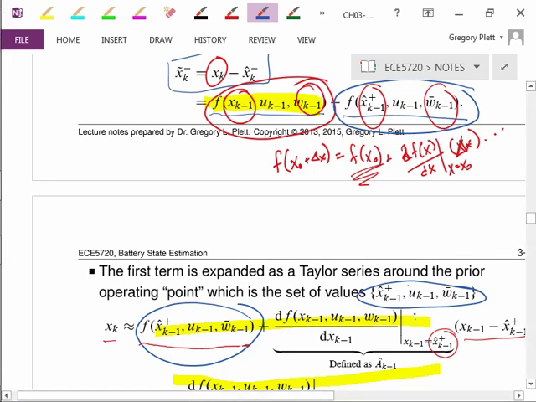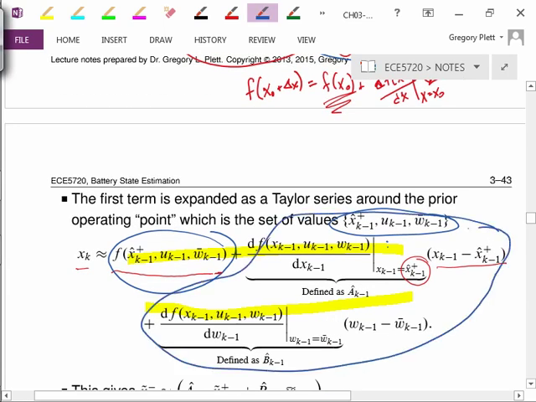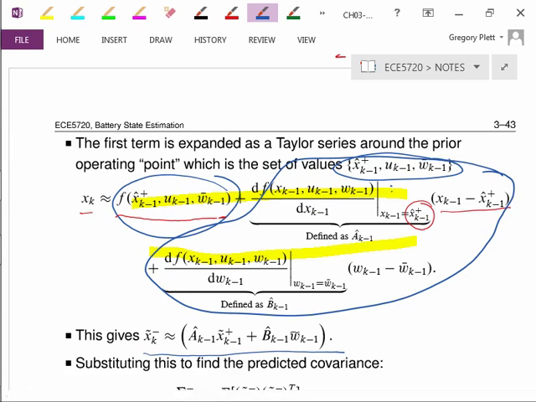And I'm left with, when I do the subtraction, x tilde being what is left here, which are these things. The first derivative in this expression we call A hat k minus 1. The second we call B hat k minus 1. And this gives us that x tilde minus is A hat times x tilde k minus 1 plus B hat times w tilde. So we have an expression for the estimation error.